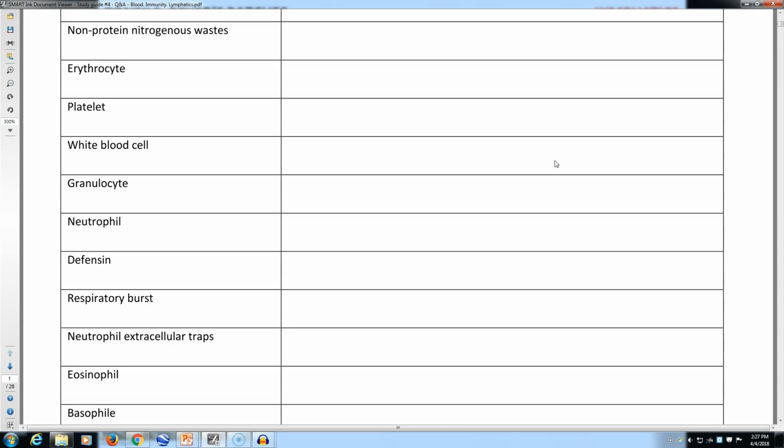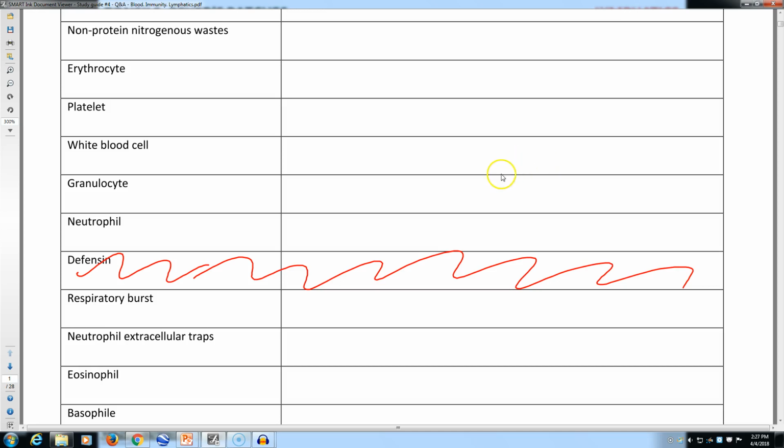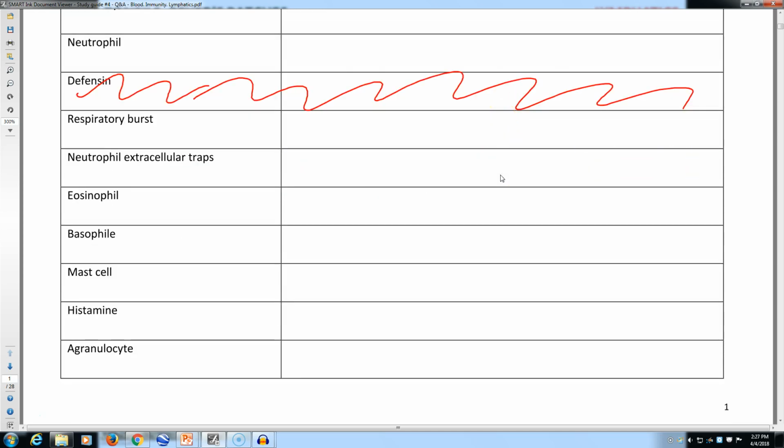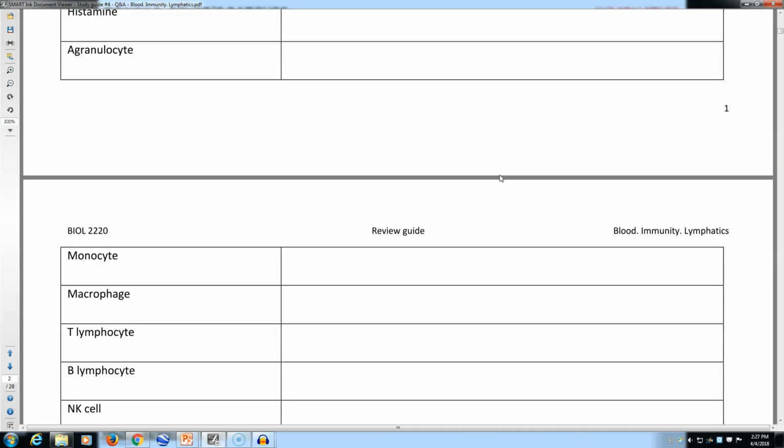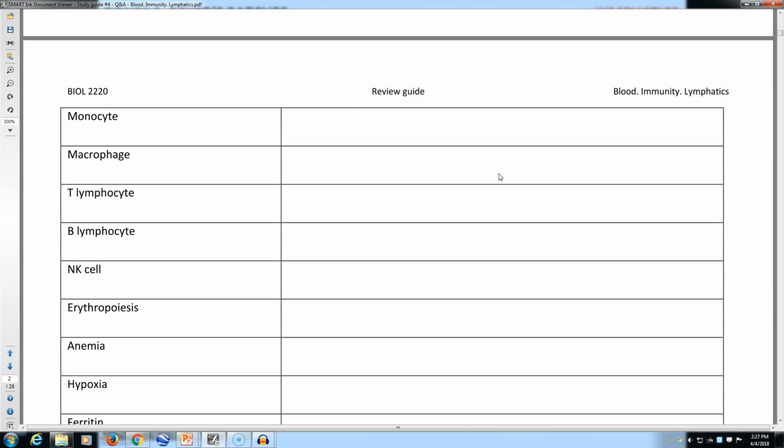So I want to clear out some things that we never mentioned. We never mentioned defensins, so it's not going to be on the exam, obviously. Respiratory burst, we did mention this.